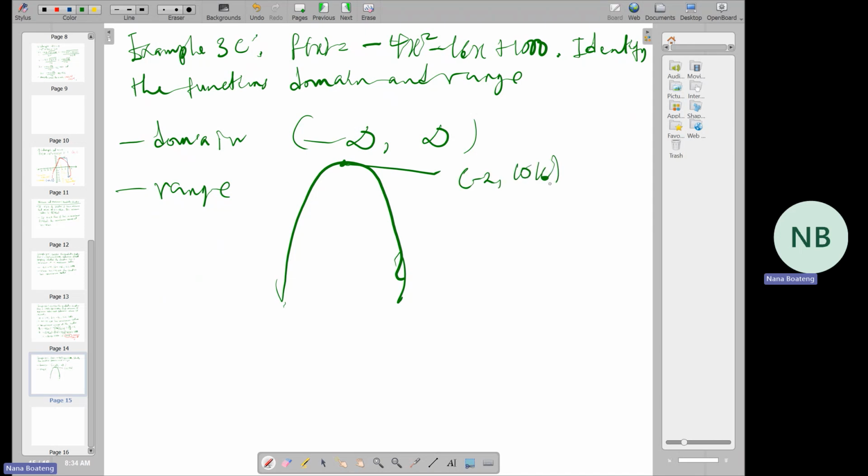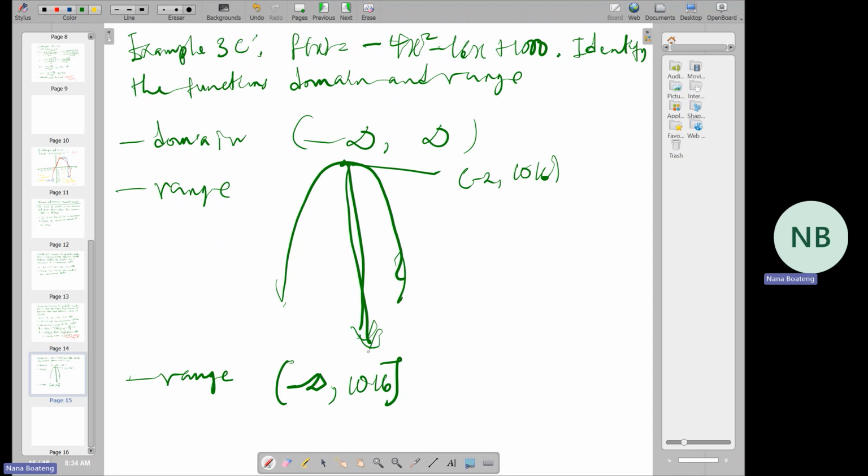So the range goes from this point downwards. The maximum of the function is 1016, and it goes all the way to minus infinity.